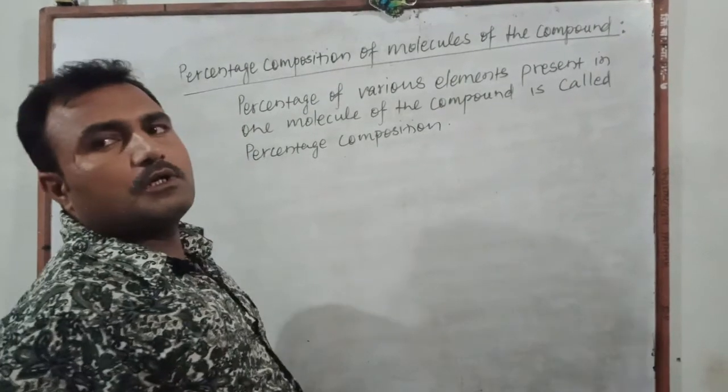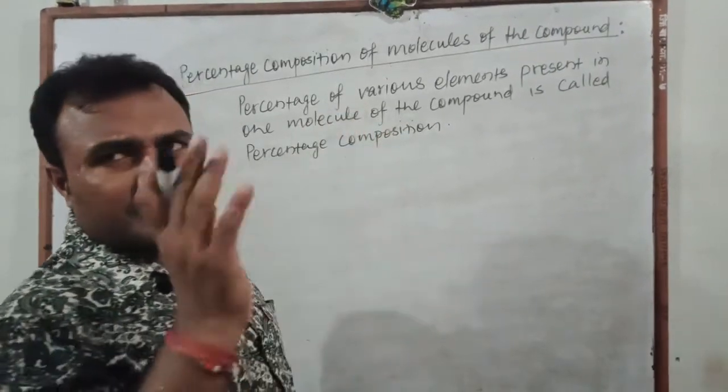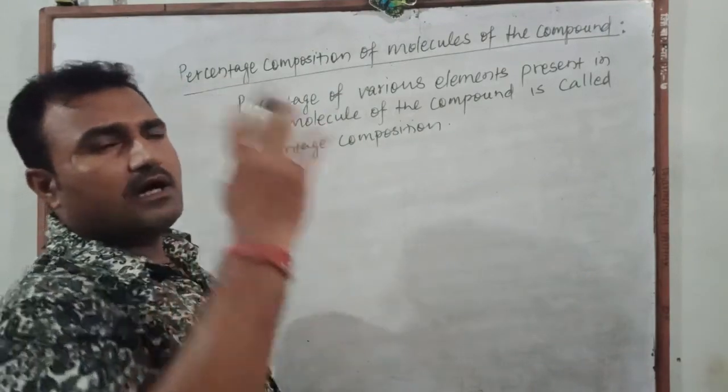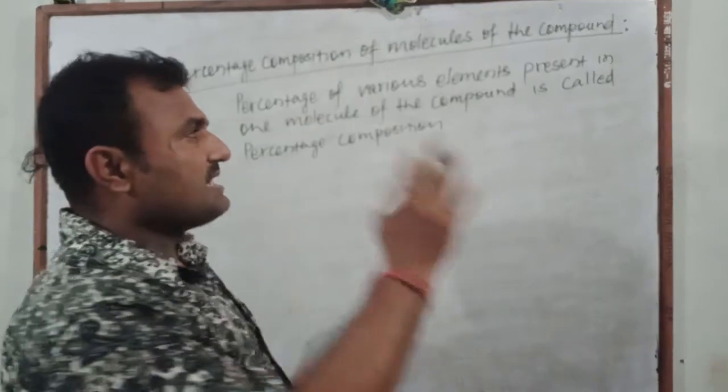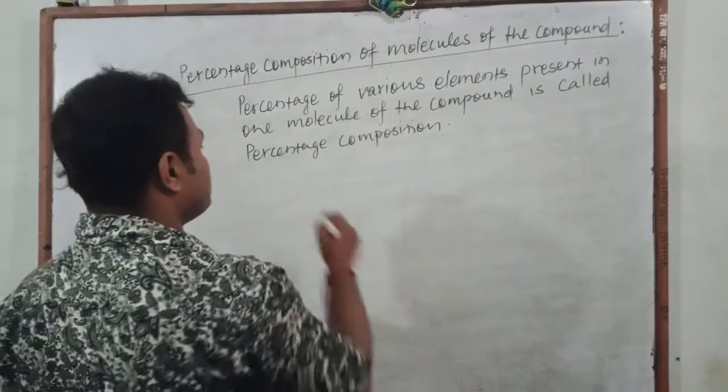We calculate how much of that element is present in 100 parts of the mass of that compound or molecule; that is called the percentage.